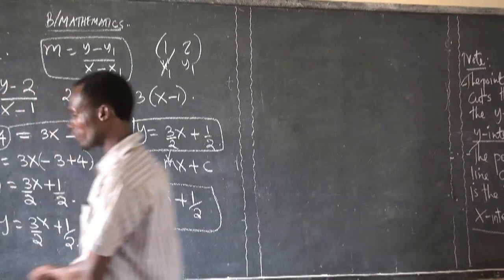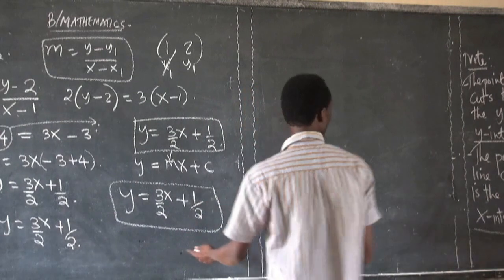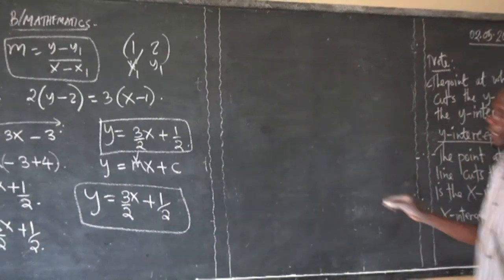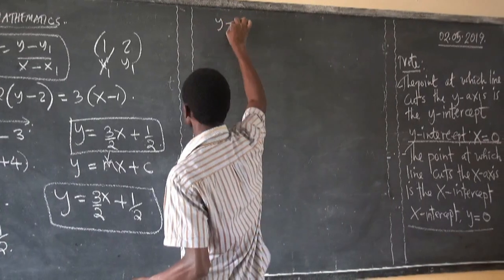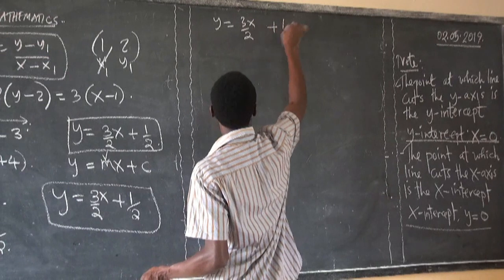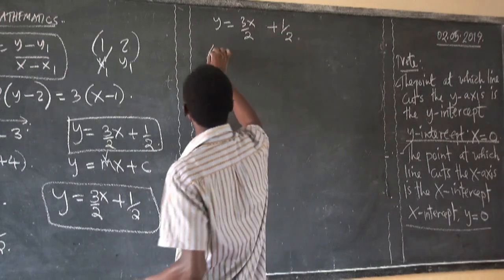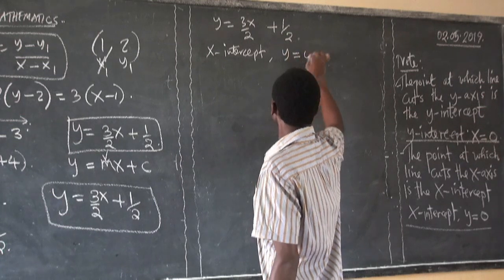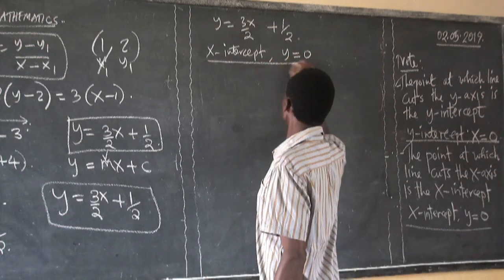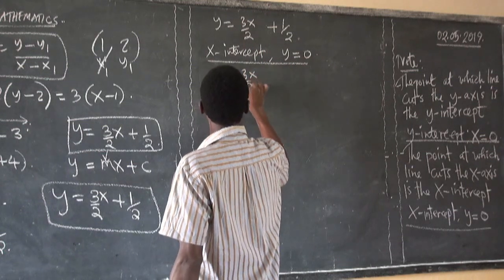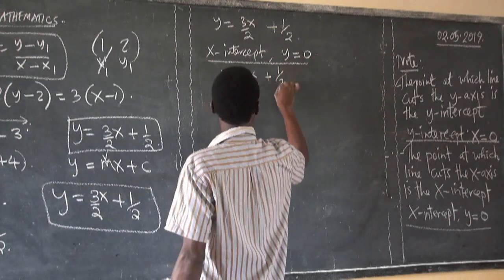But I just want to add something here. According to what we said here, y-intercept and x-intercept. If your equation is y equal to 3x over 2 plus 1 over 2, the x-intercept is obtained when y is equal to 0. From this equation, y is equal to 3x over 2 plus 1 over 2.